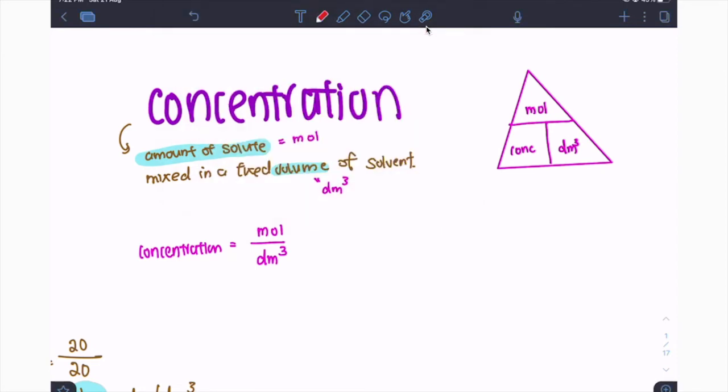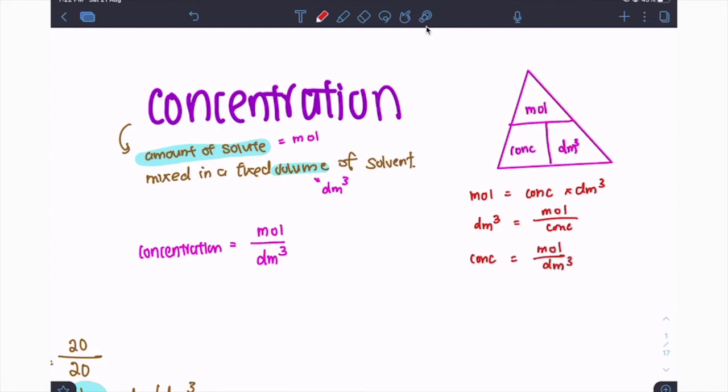If I give you concentration and volume in dm cube, and I want you to calculate the number of mole, you should be able to do that. Similarly, if I give you mole and concentration, you should be able to help me to find the volume. And then last one, concentration equals mole per dm cube.